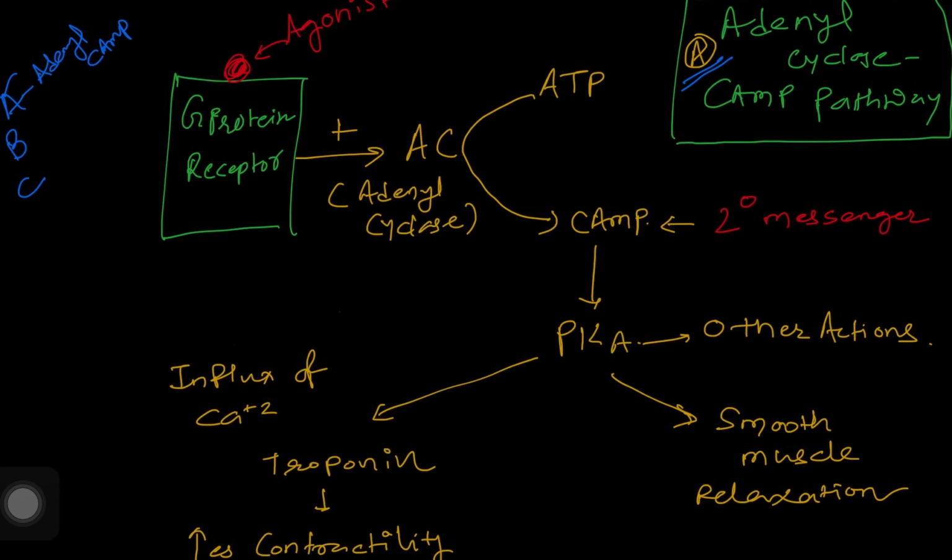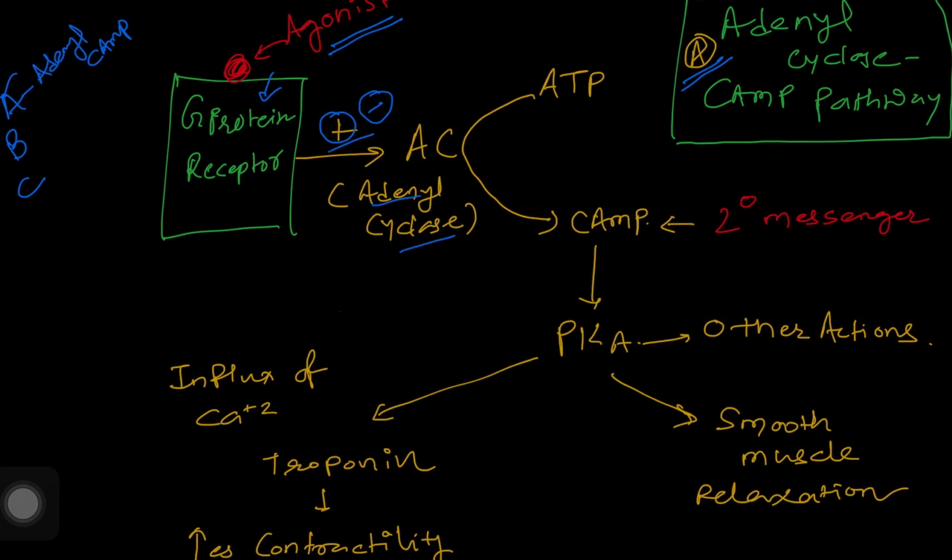What happens? Our agonist binds with this G protein, and that stimulates our adenyl cyclase. So binding of the agonist to the G protein will create either stimulation or inhibition of this adenyl cyclase, depending upon the characteristic of the receptors. Let's say, for example, in this case we are stimulating this adenyl cyclase enzyme.